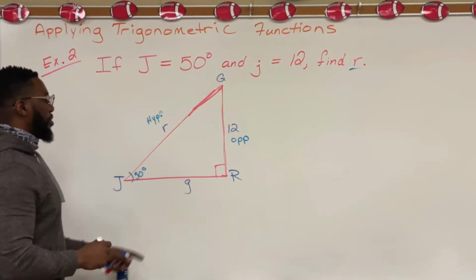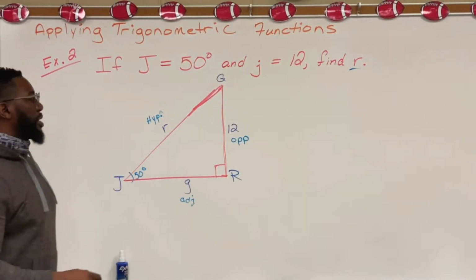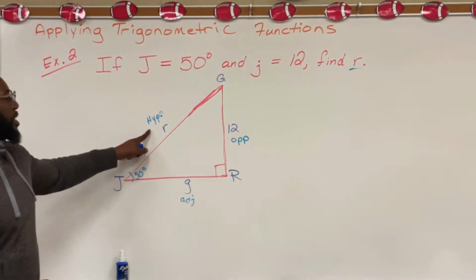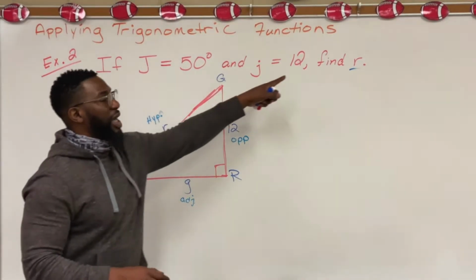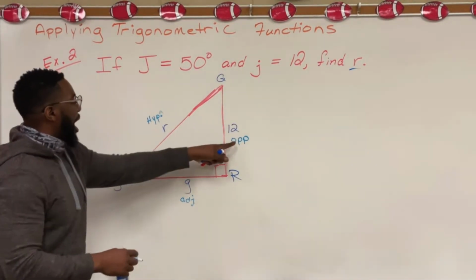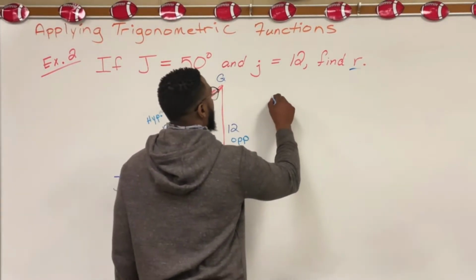We know that G is the adjacent, but we really don't have to use that one because they give us a number, which is the opposite, and then they give us R, which we have to find, which is the hypotenuse. So opposite over hypotenuse is sine.